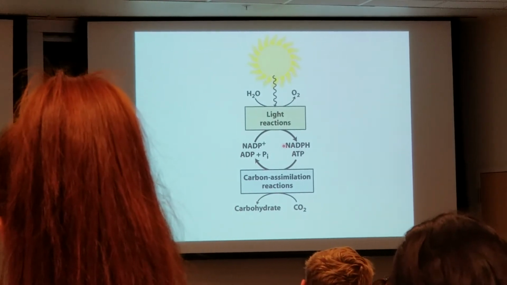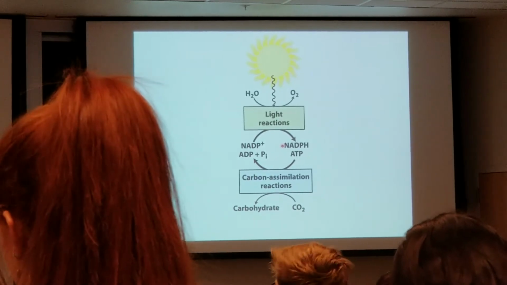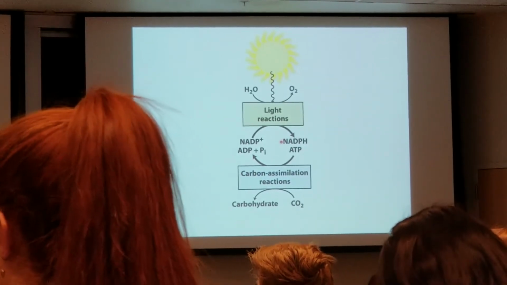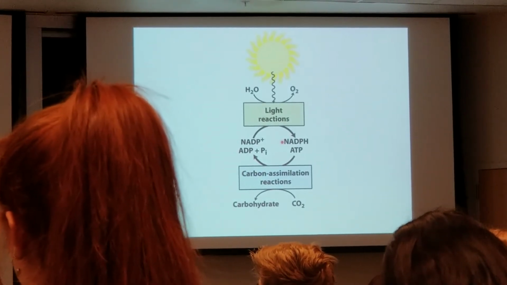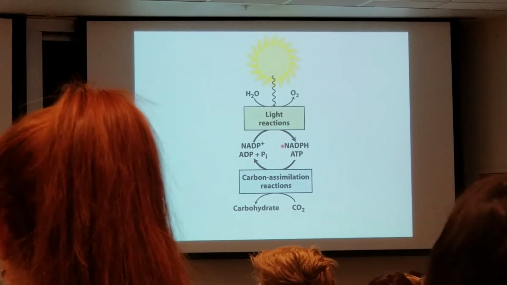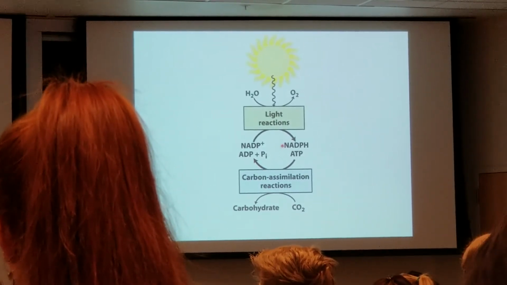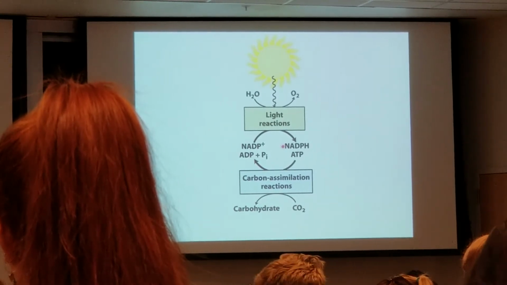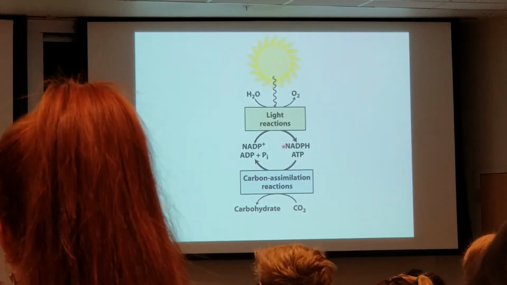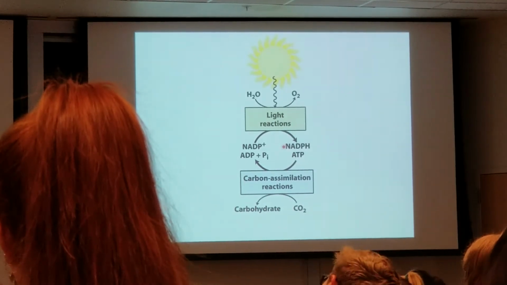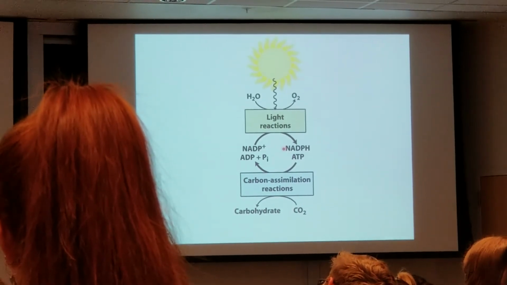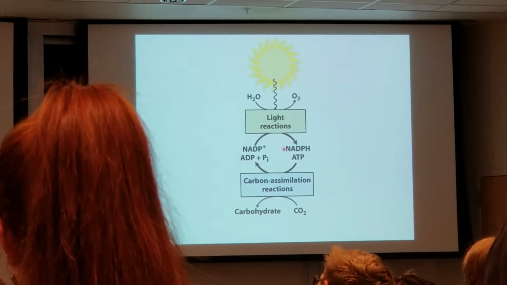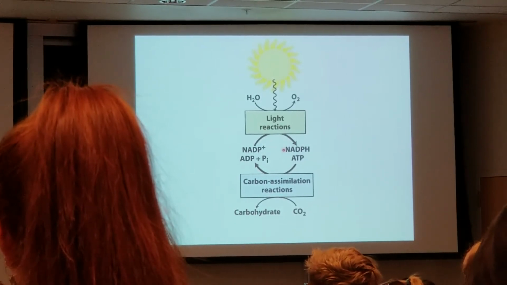NADPH is the cousin of NADH. So you know the structure of NADH. This guy has a phosphate at a particular position. Well, a phosphate has a -2 charge. Enzymes are not confused by NADPH versus NADH. So typically, a rule of thumb is that NADPH is used to reduce things.